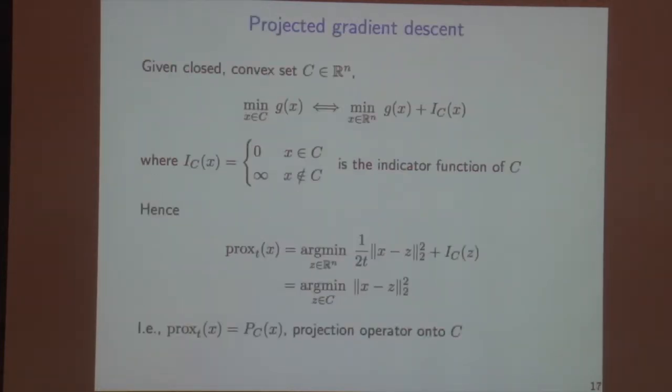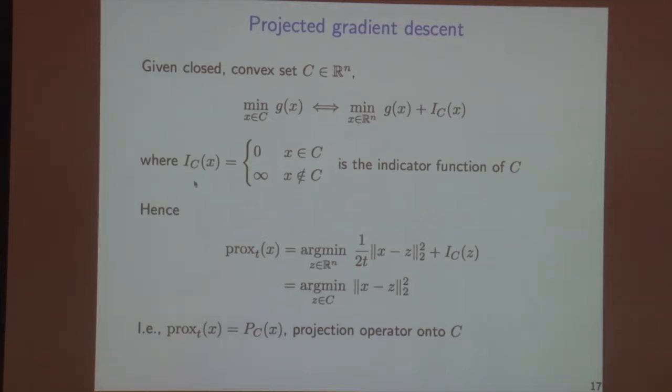So I'm just going to go through these very quickly. We're already behind. But projected gradient descent is quite useful. If you have a constraint set and you're trying to minimize a smooth function subject to constraints, we can use what we call projected gradient descent, provided that we know how to project onto the constraint set. So what's the proximal operator here?